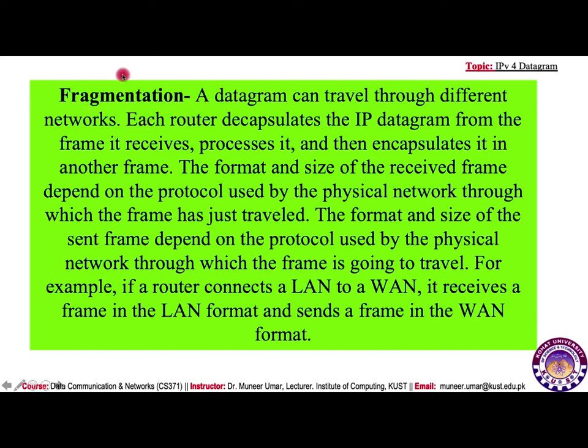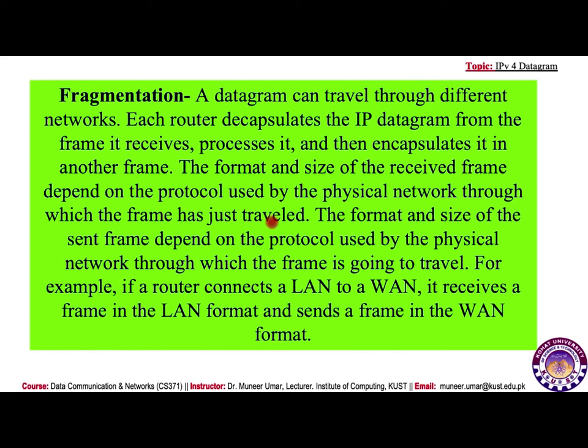Each router decapsulates the IP datagram from the frame it receives, processes it, and then encapsulates it in another frame. The format and size of the received frame depend on the protocol used by the physical network through which the frame has just traveled.